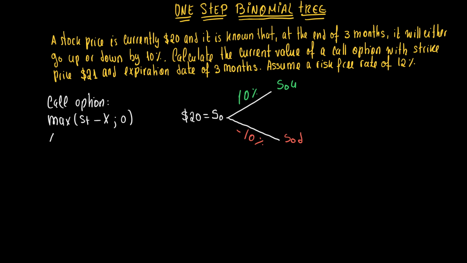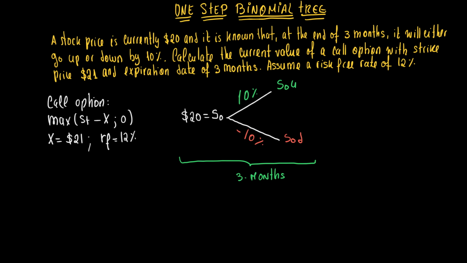The strike price is $21, and the date of expiration is 3 months. So all of this will last 3 months. What is the price of the option, given a risk-free rate of 12%?